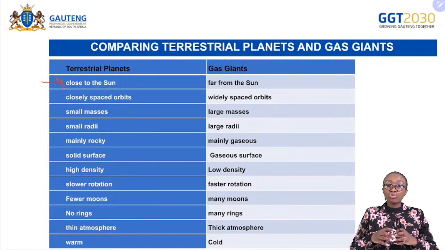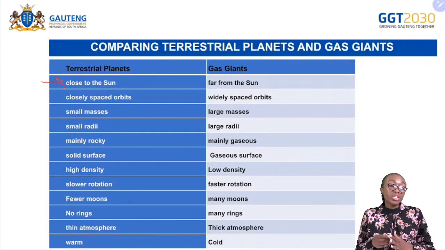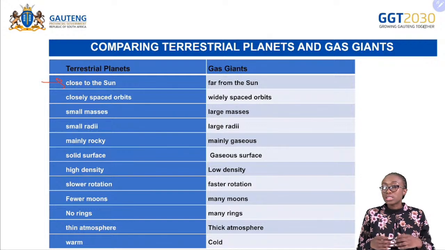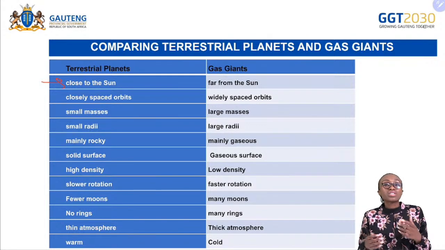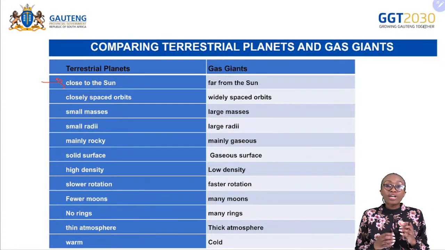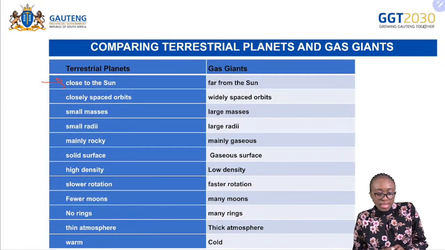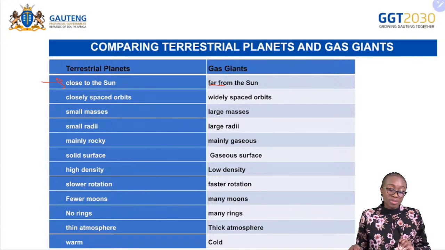Remember the picture with the order of the planets, and the mnemonic: my very earthly mother just served us noodles. So the terrestrial planets are closer to the sun, and the gas giants are far from the sun.